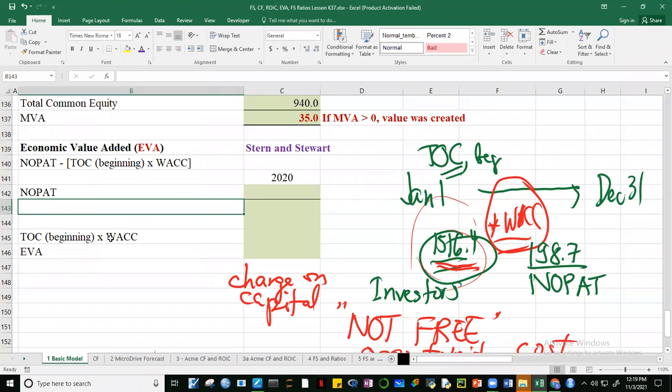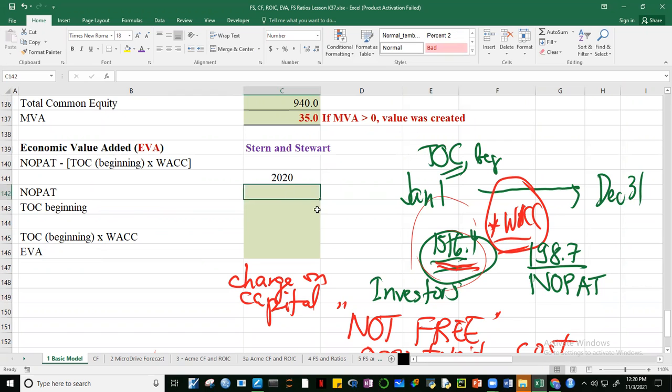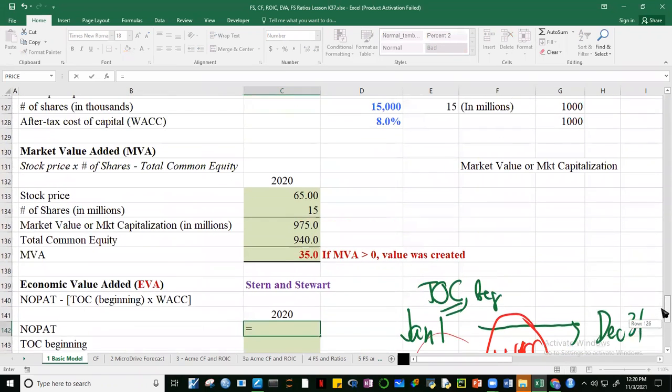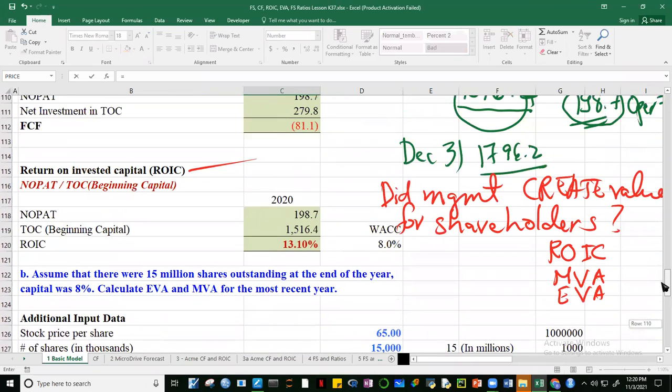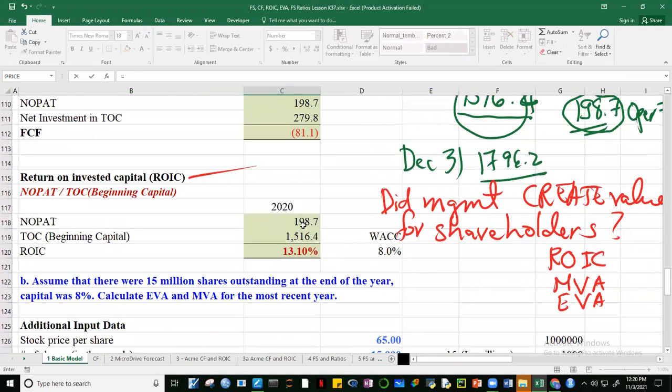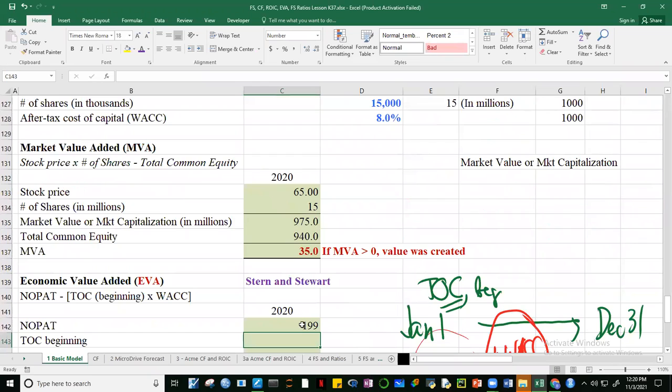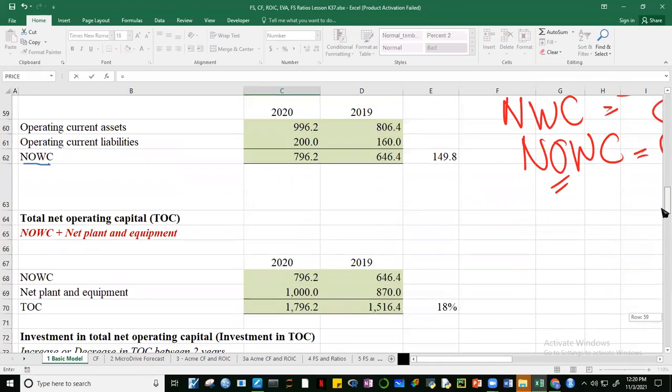How much was TOC beginning? Let's copy this now. Kindly just insert, guys, the columns. NOPAT, I'll get it from this one. And then TOC beginning, we have it here.